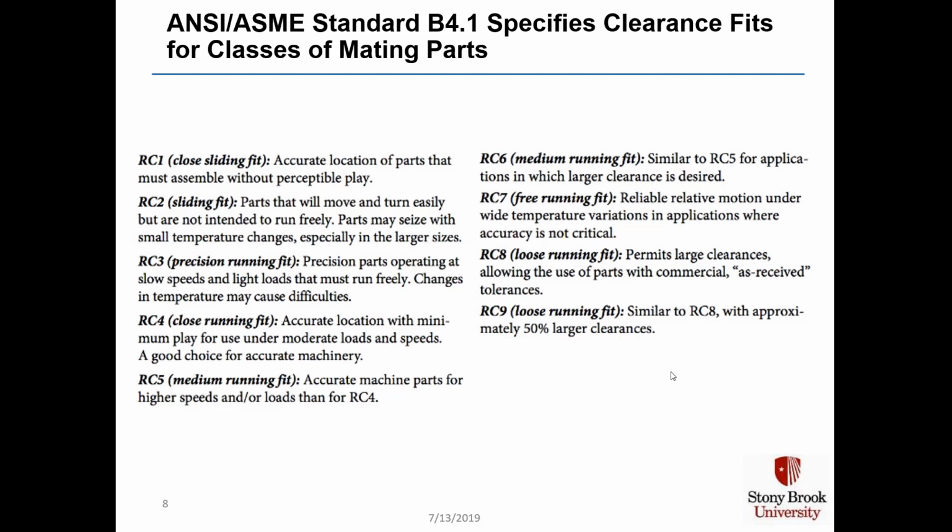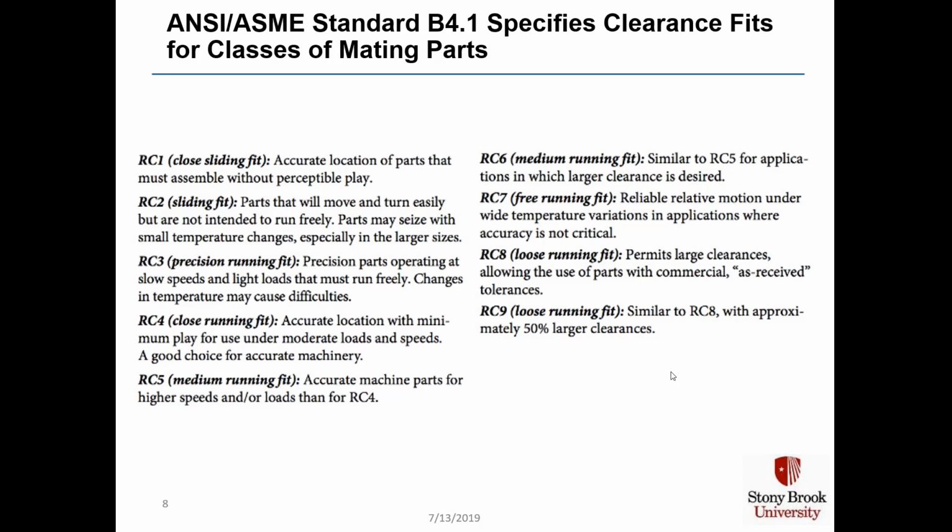And all the other clearance fits are somewhere in between. Our textbook gives dimensions for RC2 sliding fit, RC5 medium running fit, and RC8 loose running fit.